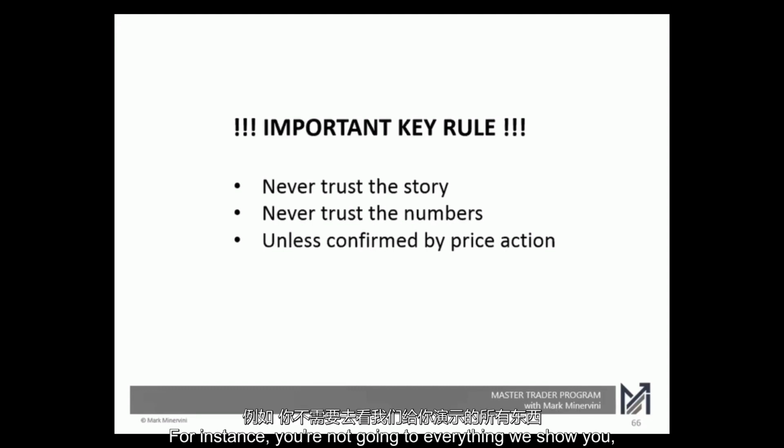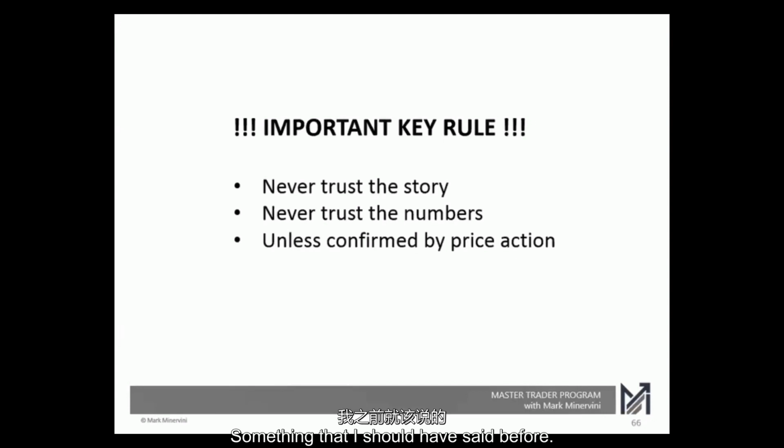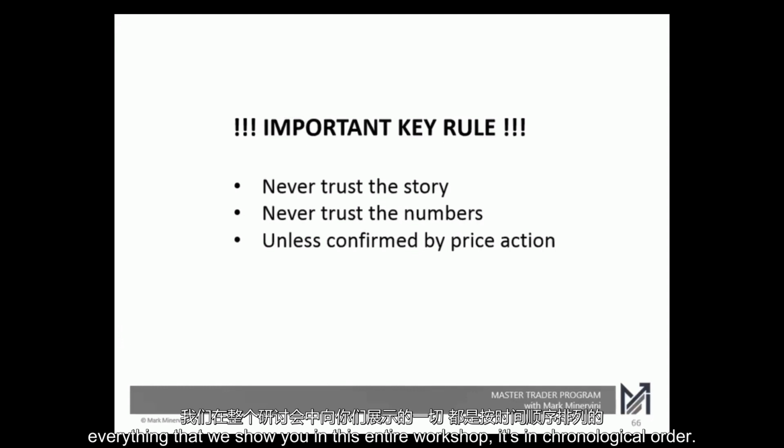So, for instance, everything we show you, you're not going to apply to a stock that's in a stage 4 downtrend. And something that I should have said before, and I need to say now: everything that we show you in this entire workshop is in chronological order.